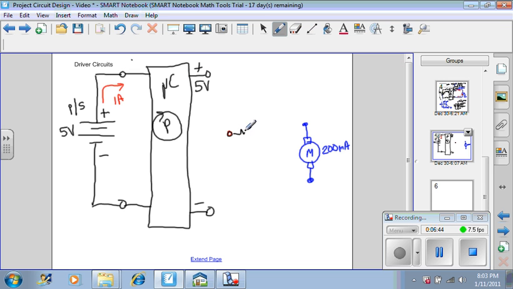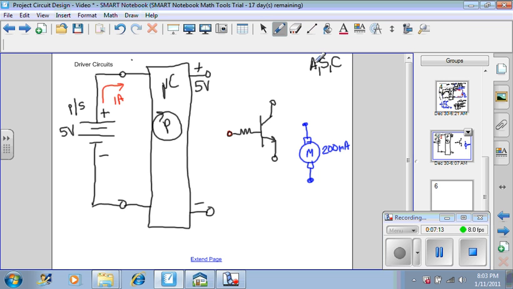If you recall from your electronic devices class, you probably remember that a transistor has 3 regions of operation. You probably learned that the transistor has an active region, a saturation region, and a cutoff region.